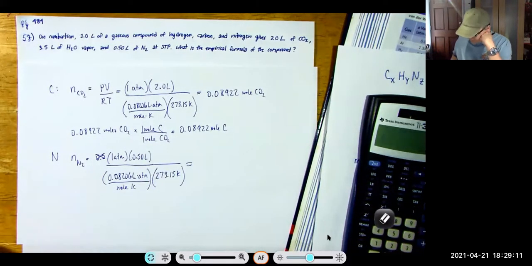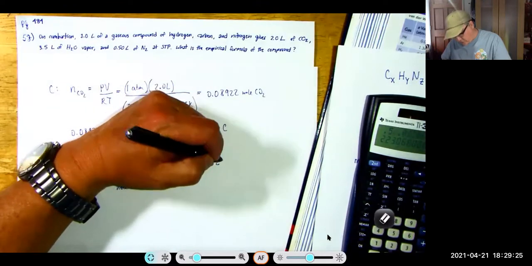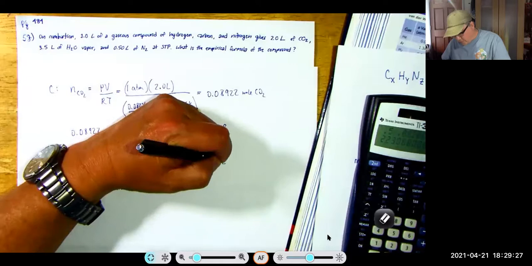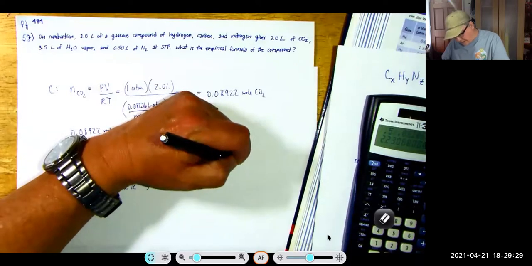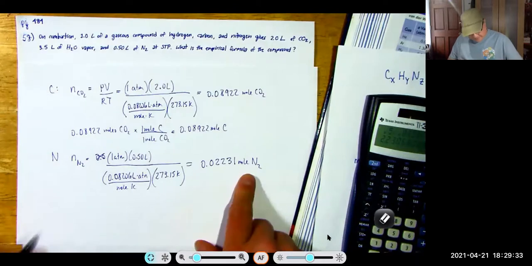So I've got 0.5 divided by 0.08206 and also divided by 273.15. And I get 0.02231 mole of N2, but I really want moles of nitrogen.